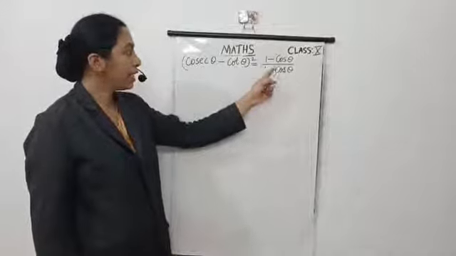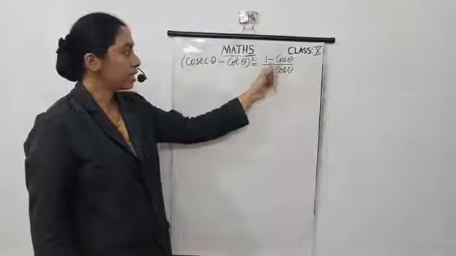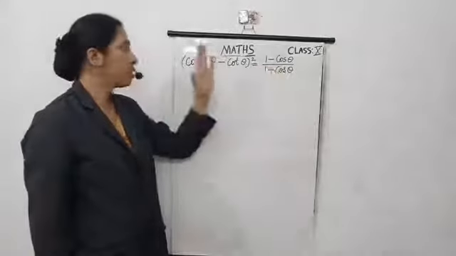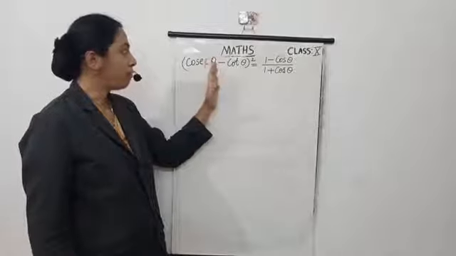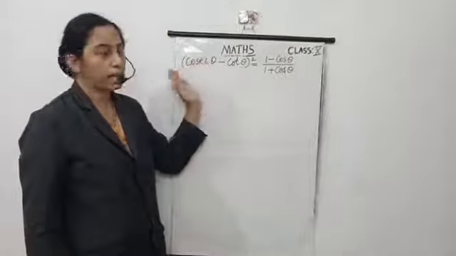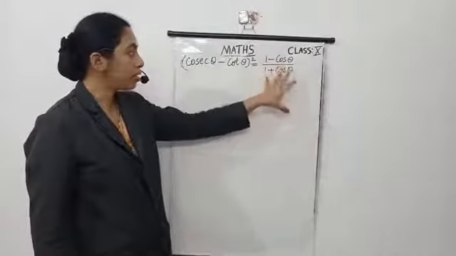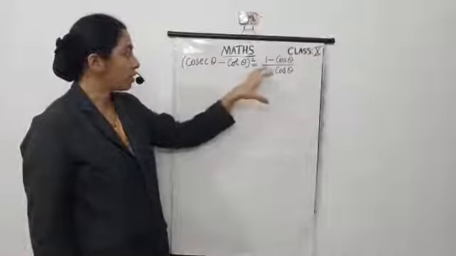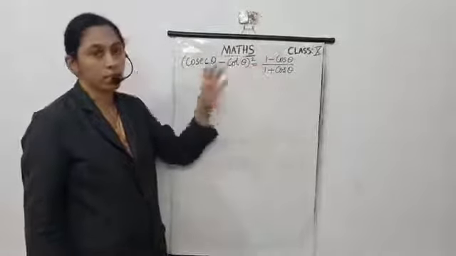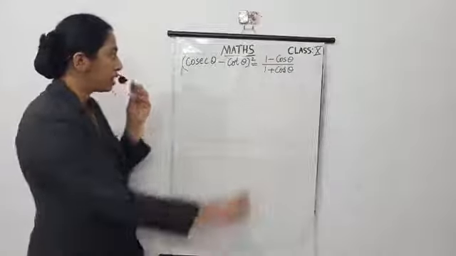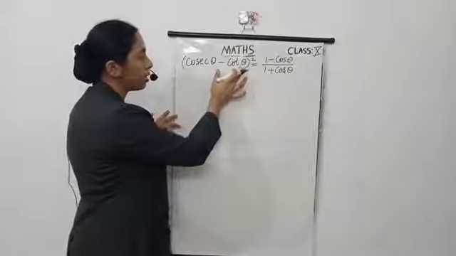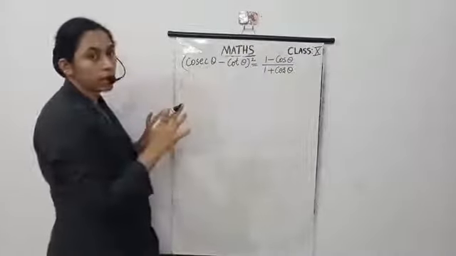Now look here, the right side contains cos theta, isn't it? So first we simplify this side and come to an expression with cos theta. Okay. So first consider LHS. LHS is (cosec theta minus cot theta) whole square.